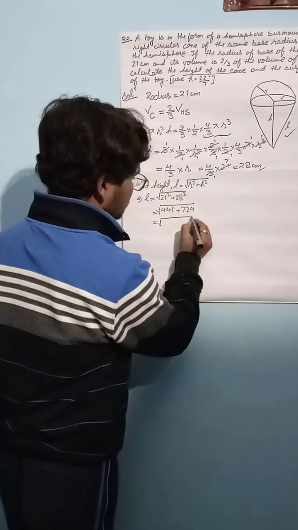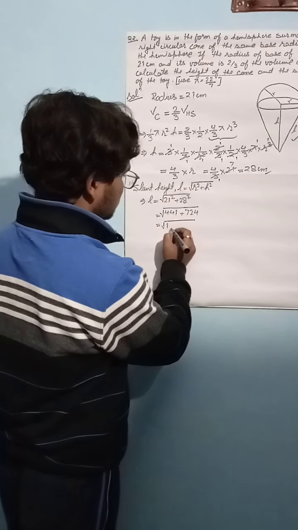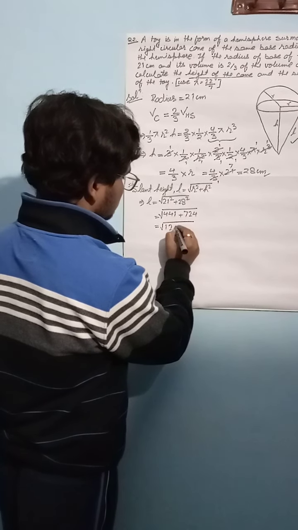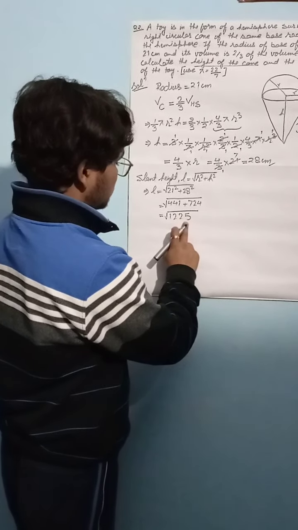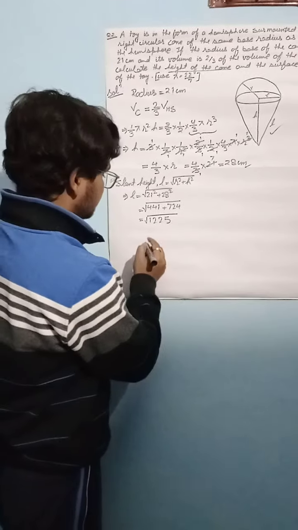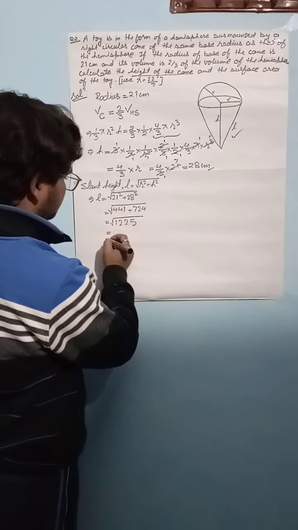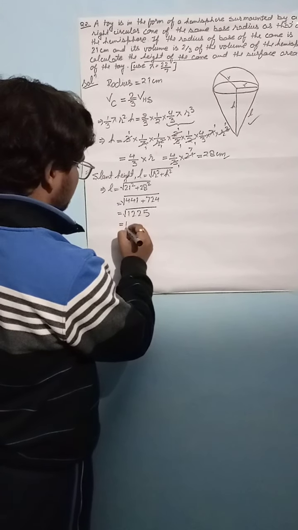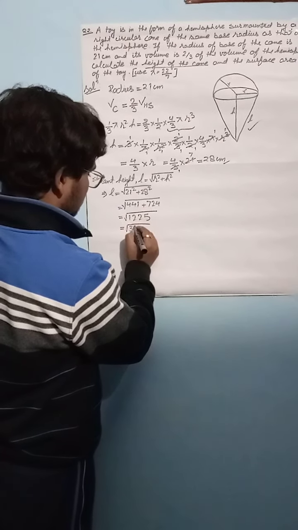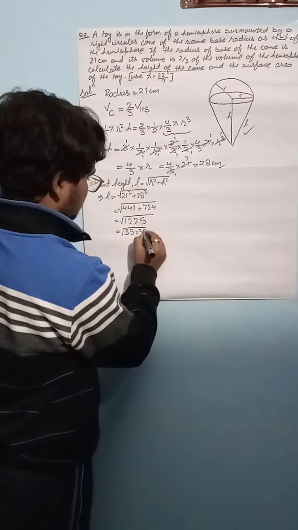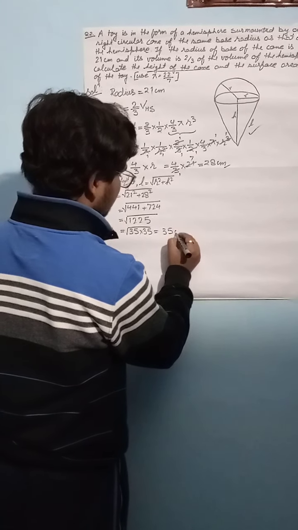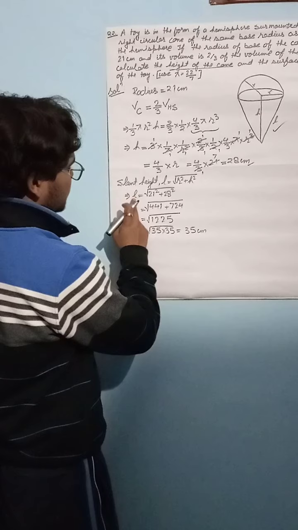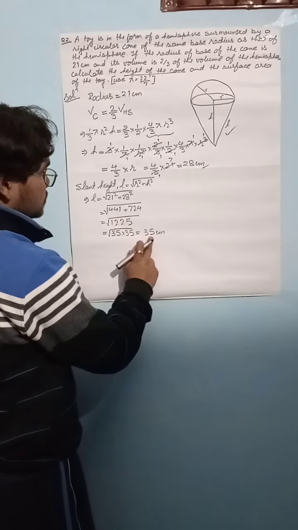By adding both these numbers we get 1225, whose square root is 35 centimeter. Now we have found the slant height is equal to 35 centimeter.